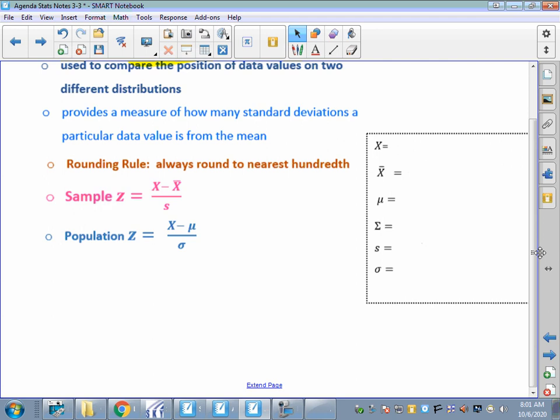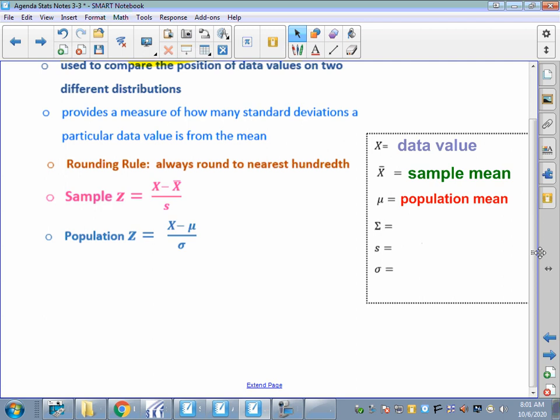So over on the side here, we know that x is each data value. We're only going to have one data value in this case because we're looking at your test score compared to the mean. X bar is the sample mean. Maybe you've got all these on a formula and symbol sheet. That would be really helpful. Mu is our population mean.